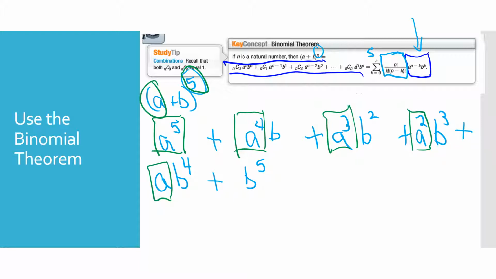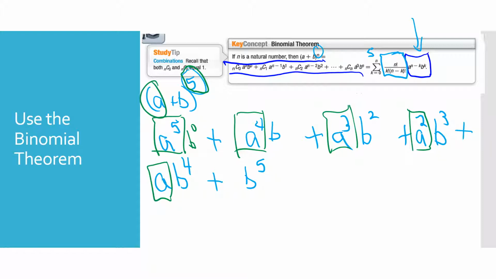And finally here, this is a to the 0, or just 1. Now, what's happening with my second variable? Well, it's doing the opposite. It starts off at b to the 0 power, and that just equals 1.